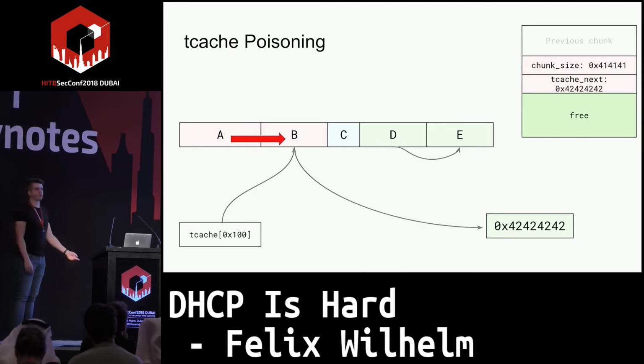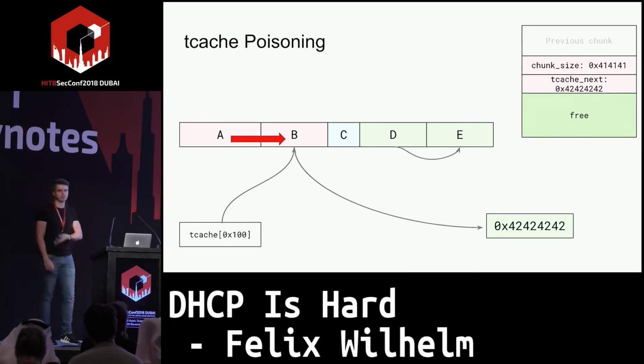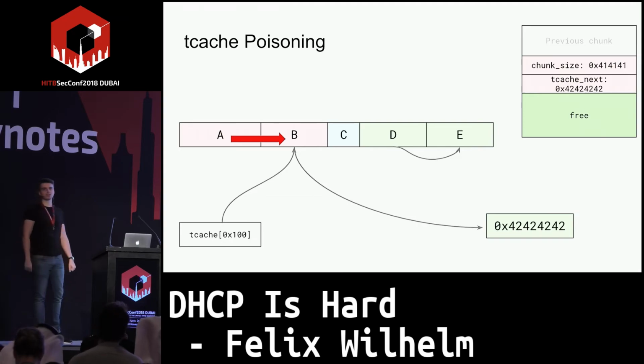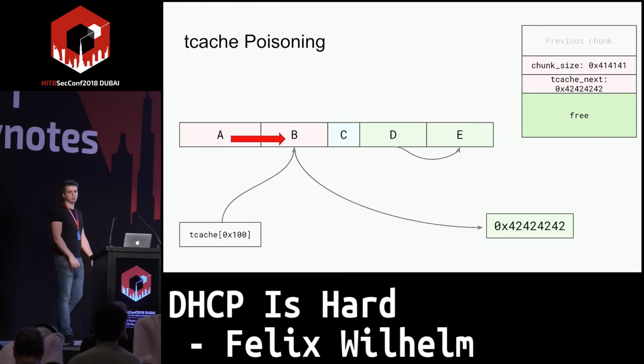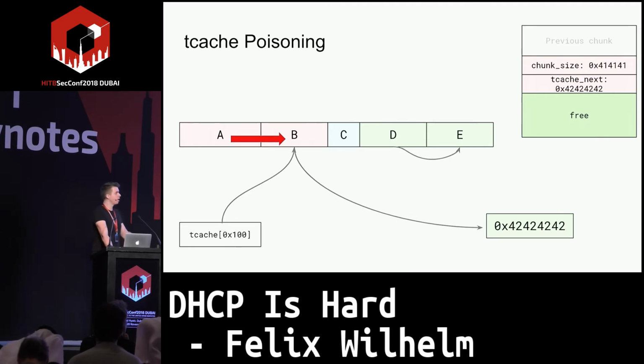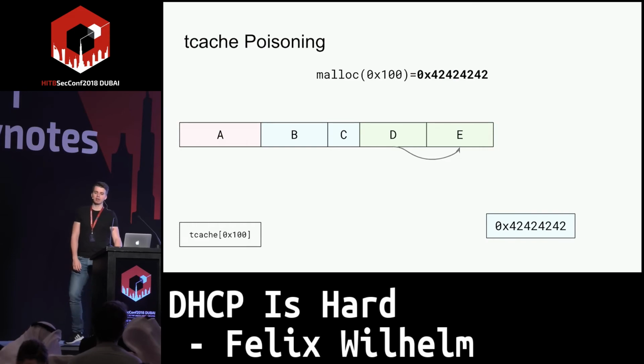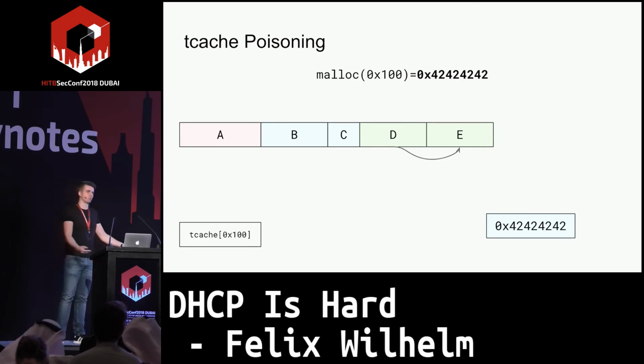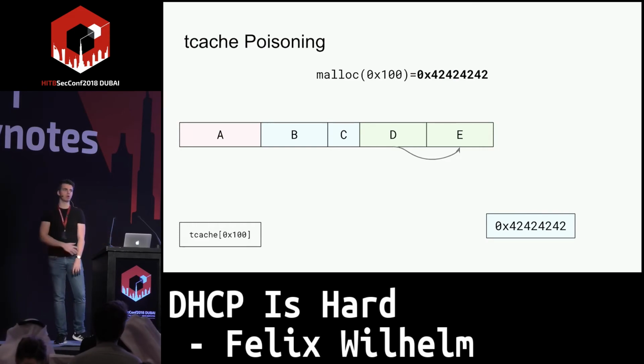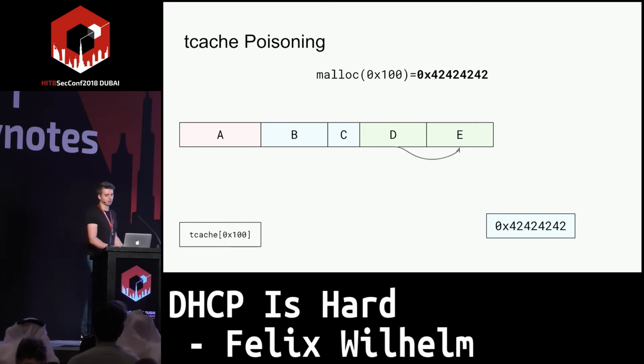For tcache, you don't need that. You can just trash the chunk size with any value you want, and then put your target address, the target address of your arbitrary write, into the tcache next pointer. This is how it looks afterwards. Our first allocation still correctly returns the address of B, but then our second allocation returns the address we overwrote. So now we have this arbitrary write primitive after a heap overflow.